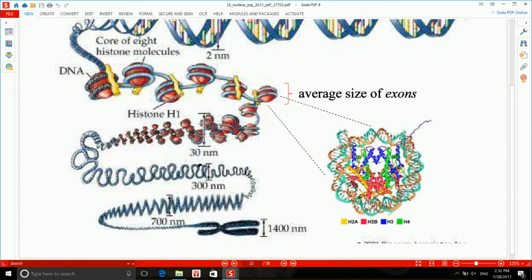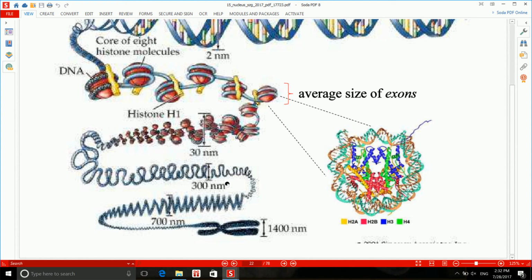As you can see, at that point we have chromatin loops. The first time that we can see them is in the 300 nanometer structure.